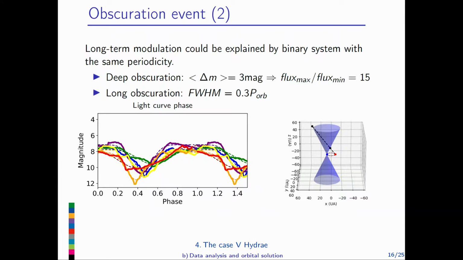In any case, it must be linked to the companion passage because it's at the superior conjunction, when V Hydrae is really far away for the observer. But we have to test whether it's compatible in terms of dust emitted from the jet to obscure so deeply and so long. Okay, very, very interesting. Thank you.